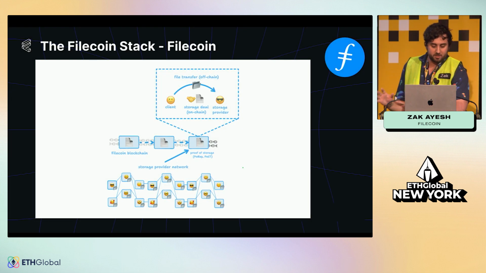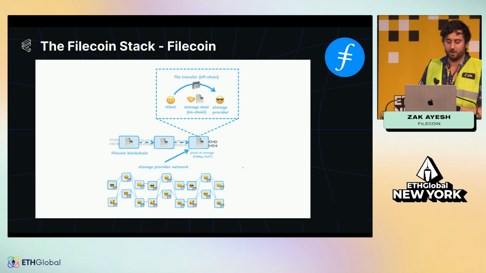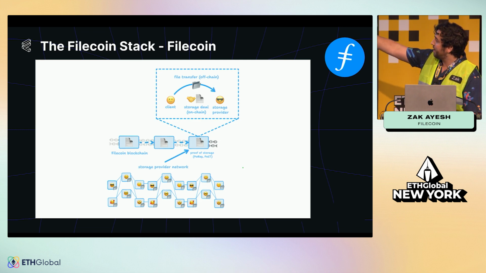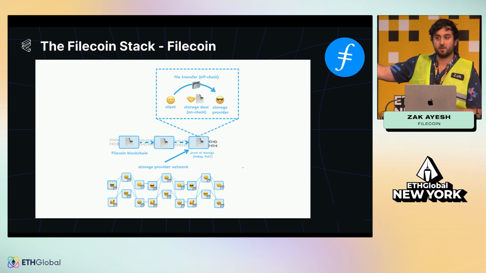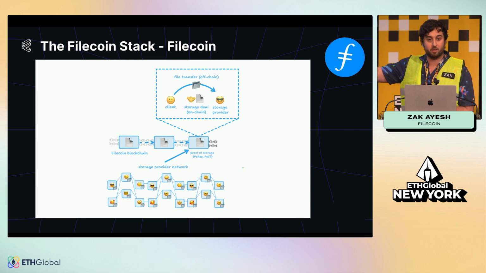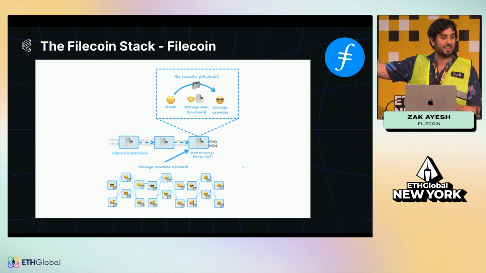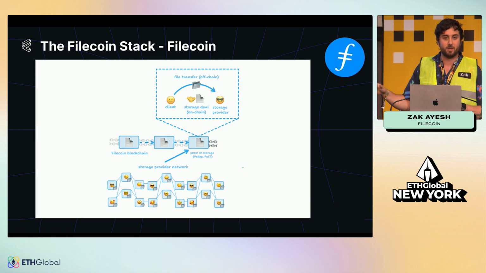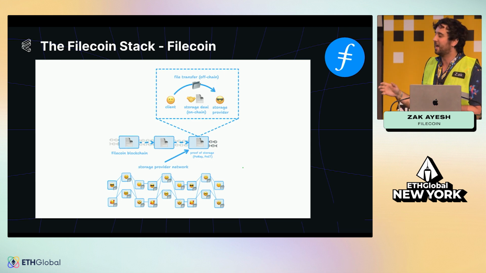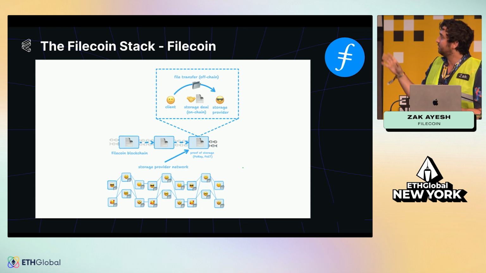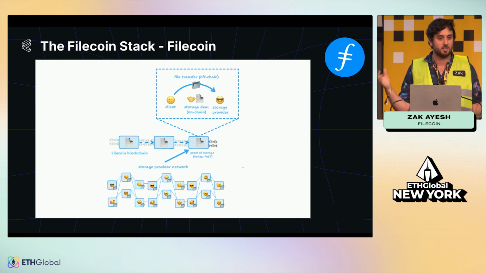So here's a simple illustration of the Filecoin network. You have storage providers there on the bottom, and they are running the Filecoin chain nodes, the client software. One of the biggest ones is Lotus. This would be the equivalent of Geth, if you're familiar with Ethereum clients, for Filecoin. These storage providers typically have warehouses of SSDs.